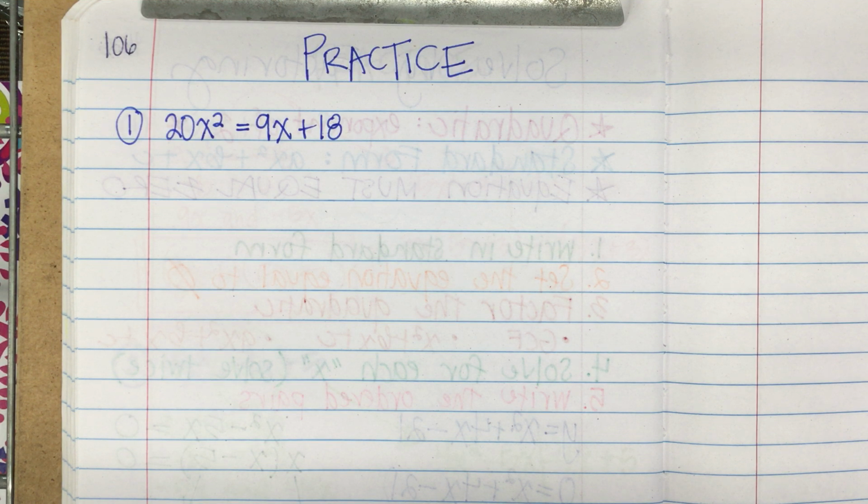What could I move? I could move the 20x squared by subtracting it from both sides, correct? Or you could move the 9x and the 18 by subtracting both of them. Doesn't matter. Both will result in the same answer. You just have to do a little bit of this and a little bit of that.